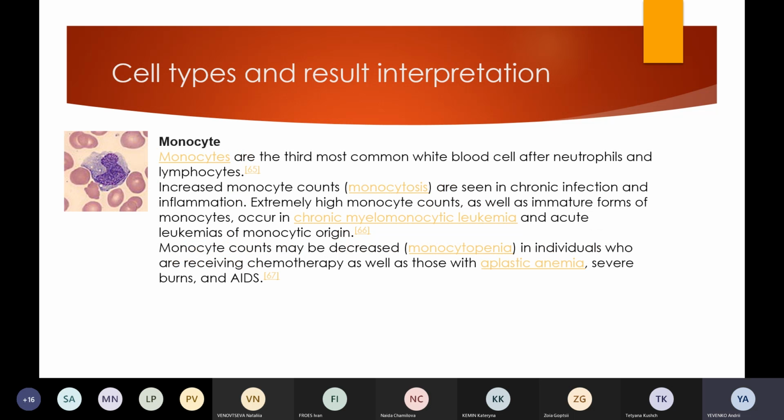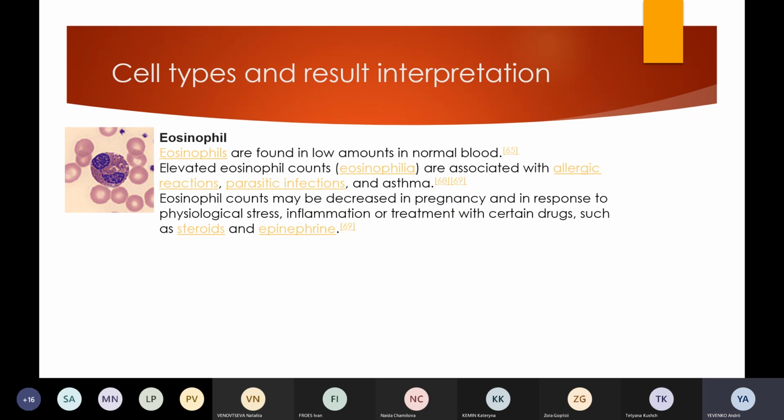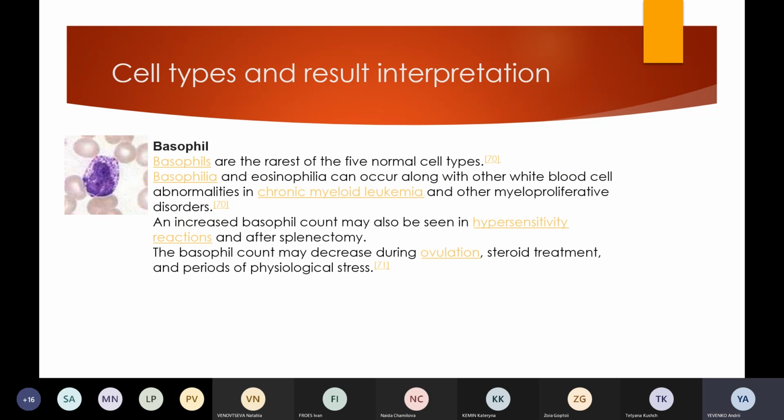The third most common type is monocytes. High monocyte counts are usually caused by some kind of chronic infection, and lower amounts are seen in immune suppression. Eosinophils and basophils are the rarest types.